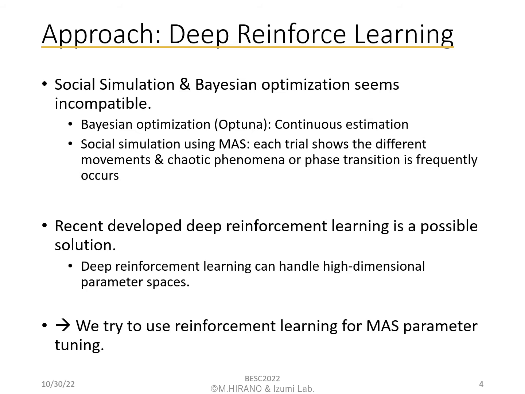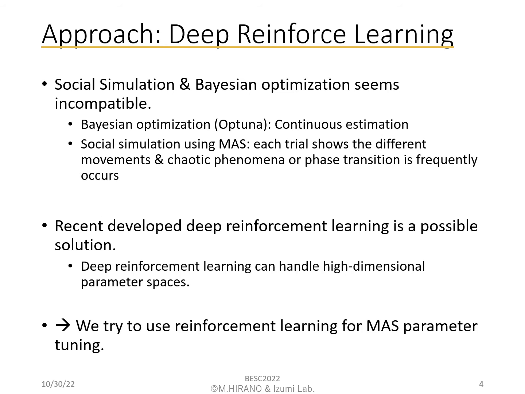Usually, for tuning parameters, a Bayesian optimization-based tuning method such as Optuna is used. However, we assume that social simulation and Bayesian optimization seem incompatible because the variance between simulation trials is very large, and chaotic phenomena or phase transitions frequently occur.